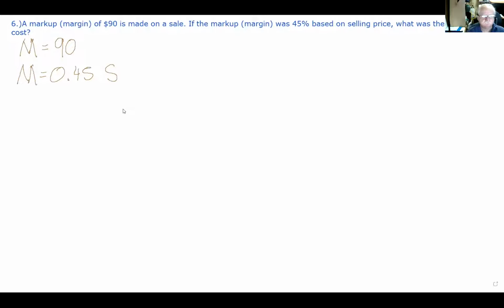So what they're expecting us to do here, there's no cost in here, but if we put these two things together, because if markup equals 90 and markup equals this, what they're expecting us to do is come up with an equation that says 90 equals 0.45 S, at which time we can solve for S. S equals 90 divided by 0.45.